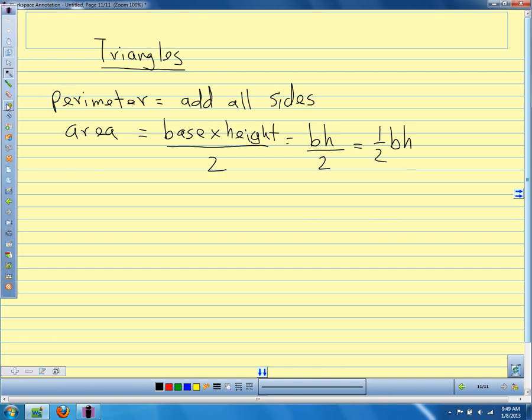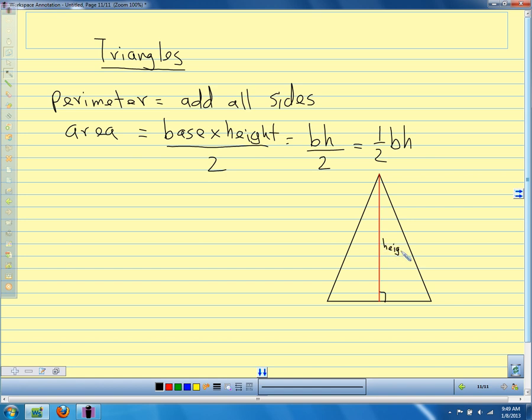So let's draw our picture. We can label our parts here. Grab a triangle. So there's our triangle. The height, we find the height at a 90-degree angle to the base. This side's the base.